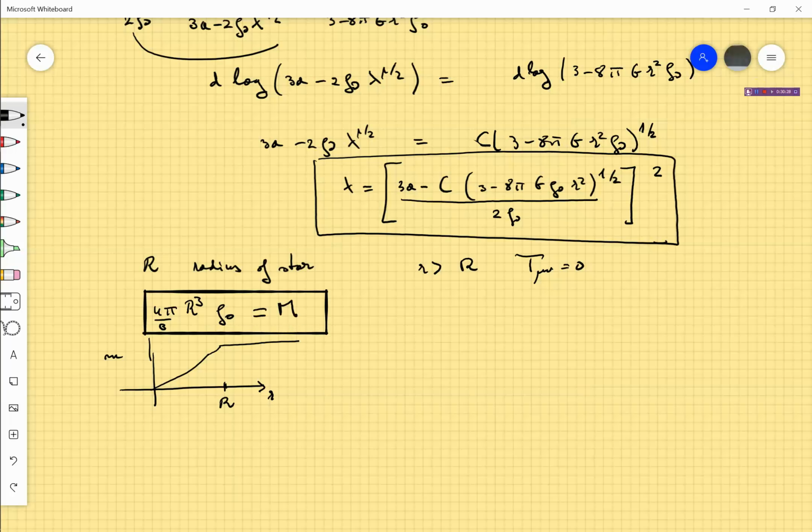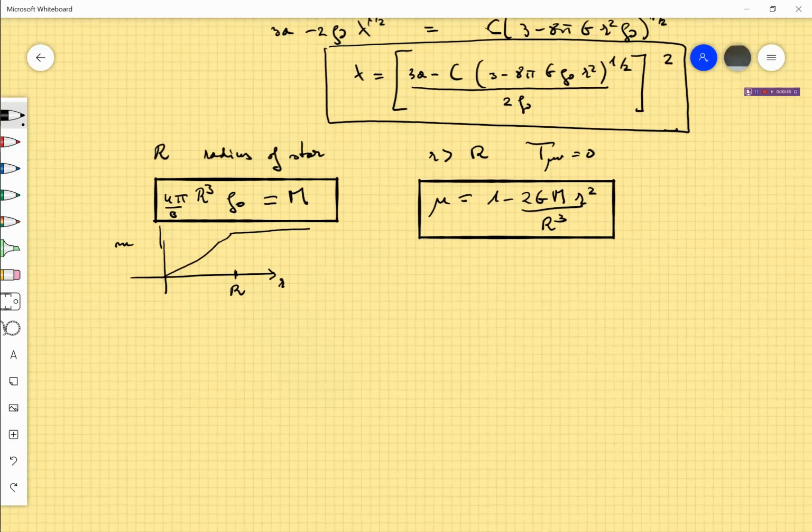If we want to re-express, for instance, mu in terms of this total mass, it can be useful to have minus 2 GM r squared divided by R cubed.